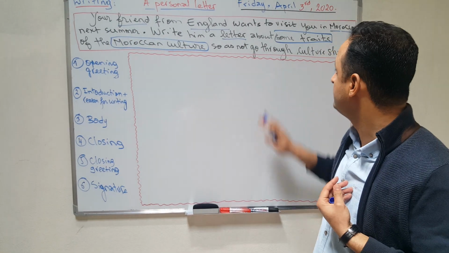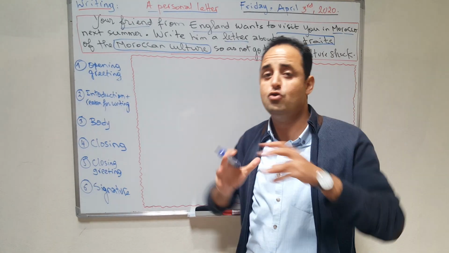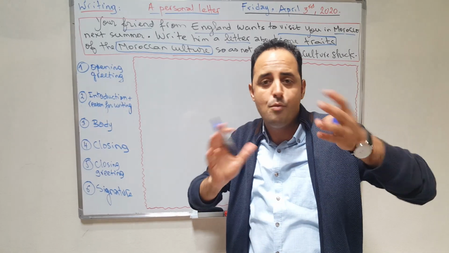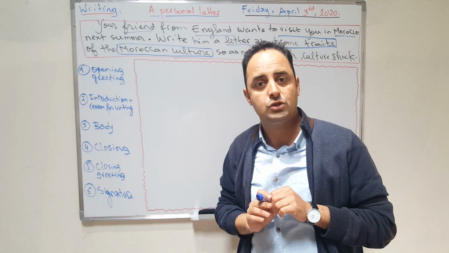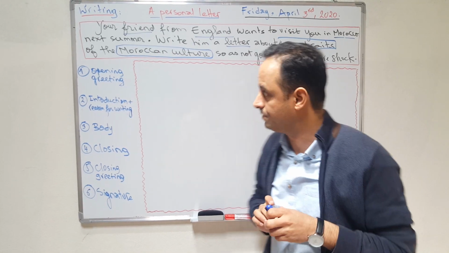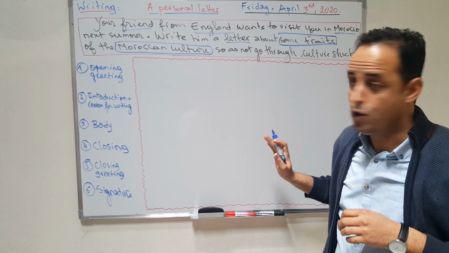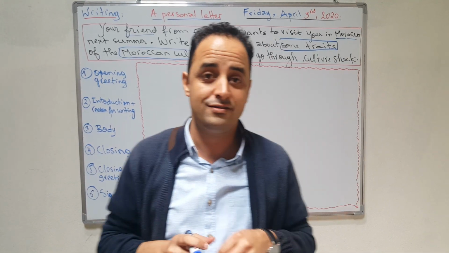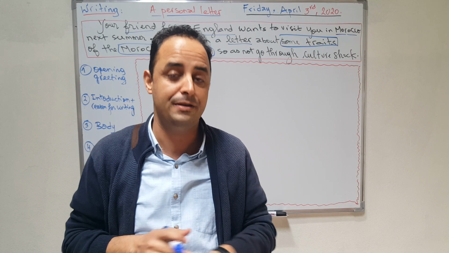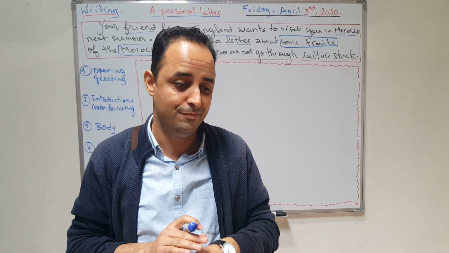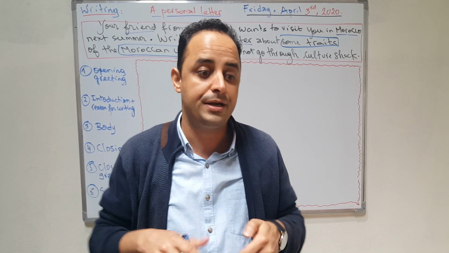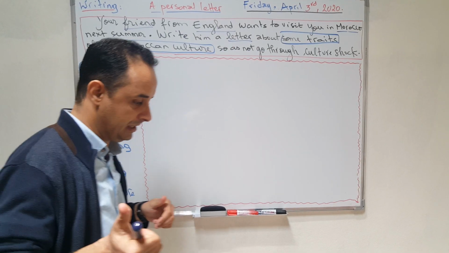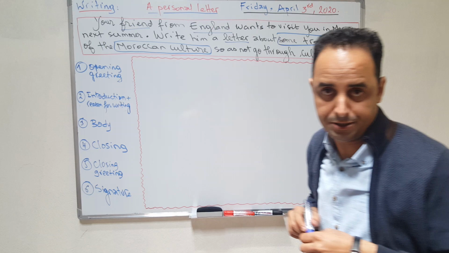So I'm going to write about some traits, not all the traits. I'm going to choose 2, 3, 4 maximum, 4 aspects or 4 traits of the Moroccan culture. So as not to go through culture shock. This letter would help him to avoid feeling ashamed or feeling kind of bad when he comes to our country.